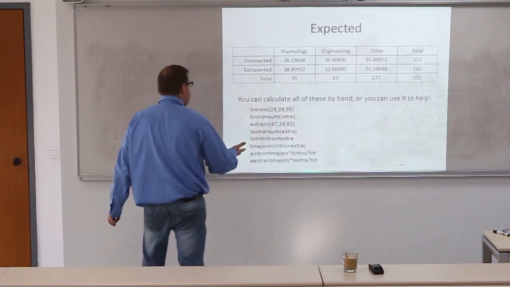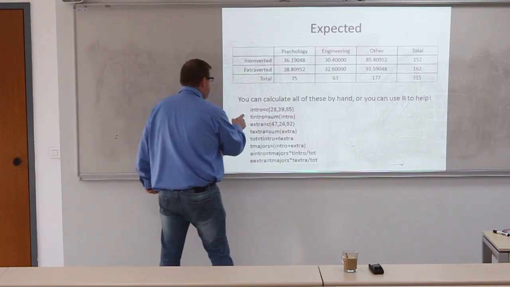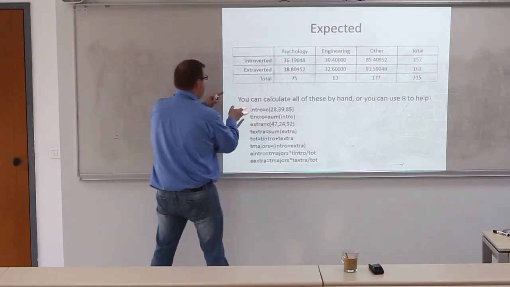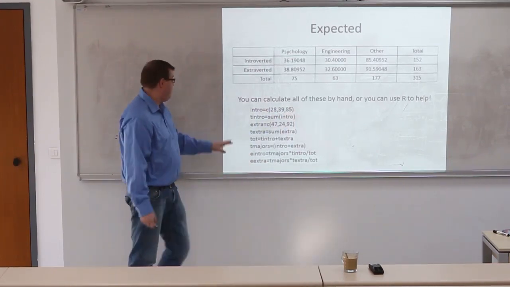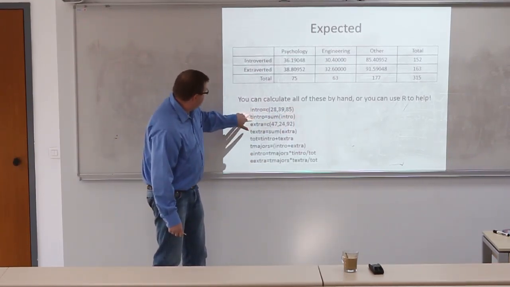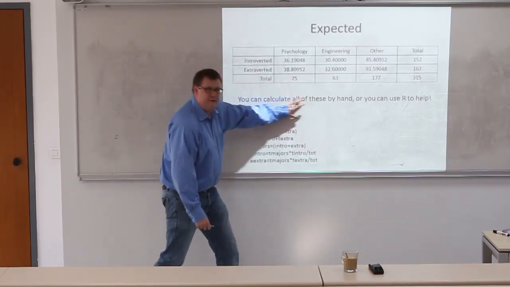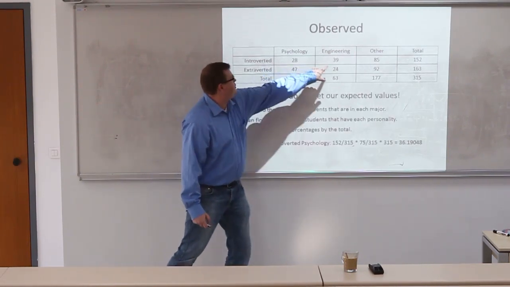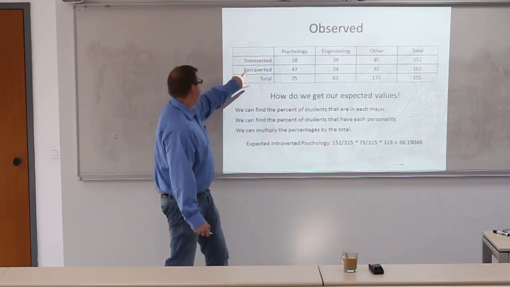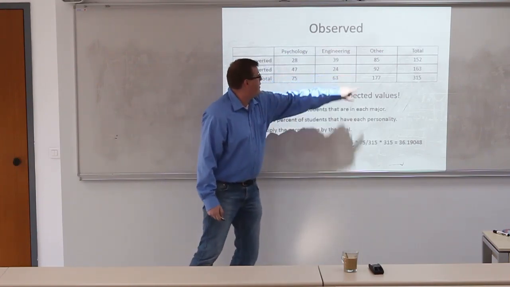So what did I do? I said intro. Each one of these scores represents a different major. The scores for the introverted group were 28, 39, and 85. For extroverted, we have 47, 24, 92.